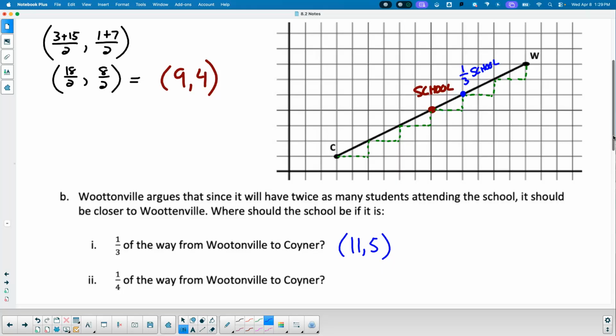So how many triangles do I need to go? 1.5 triangles. Okay, so if I go 1.5 triangles, here is 1 full triangle. Here would be half of a triangle. That would be at the point 12, 5.5.